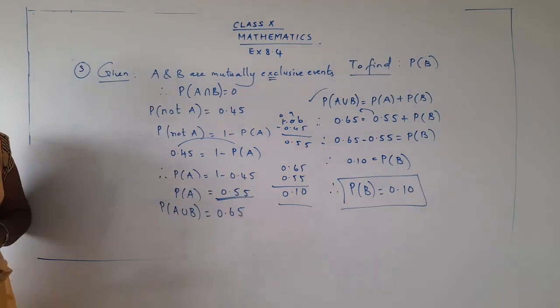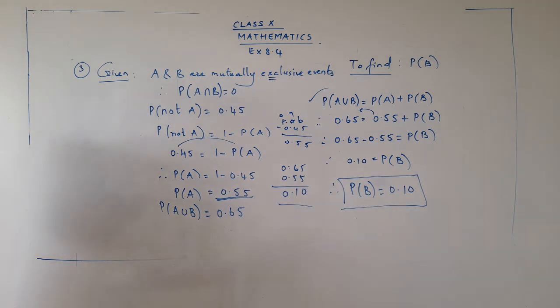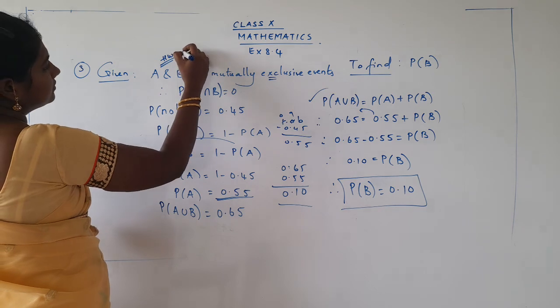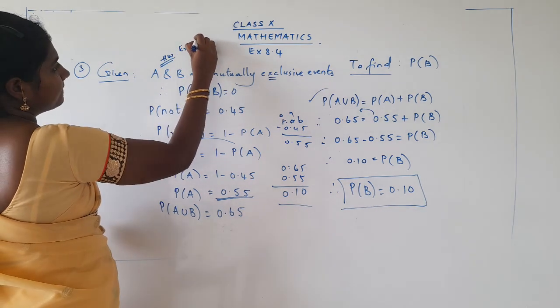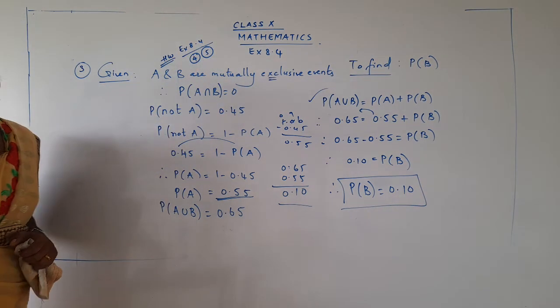Okay, so we have completed the first three sums from exercise 8.4, and I want you to take on your homework. From 8.4 you will complete the fourth sum and the fifth sum. This will be your homework.